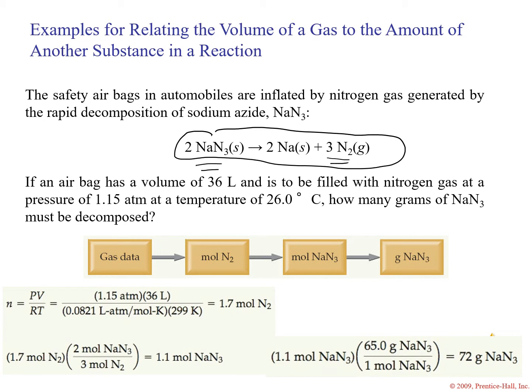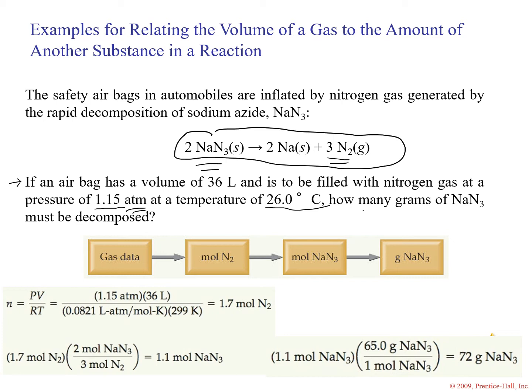And the problem stated is that, and this is actually used in the airbags in the car, the specific problem states that if the airbag has a volume of 36 liters and it fills up with the nitrogen gas to have a pressure of 1.15 atmospheres at the specific temperature, 26 Celsius.